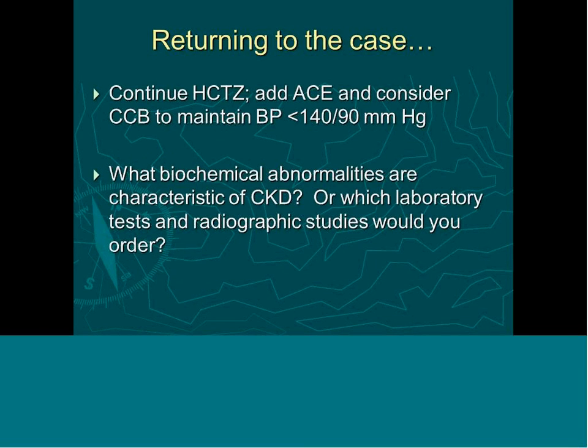If you remember, this patient's blood pressure was high, so of course we will provide an ACE inhibitor. If that does not control the pressure, we can add a calcium channel blocker and try to maintain the pressure less than 140/90.